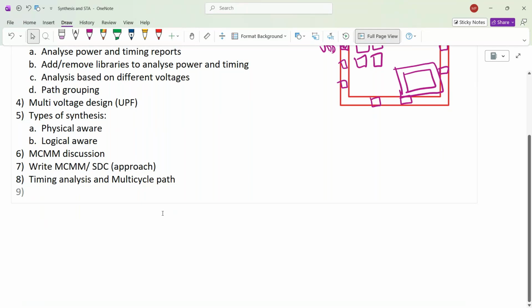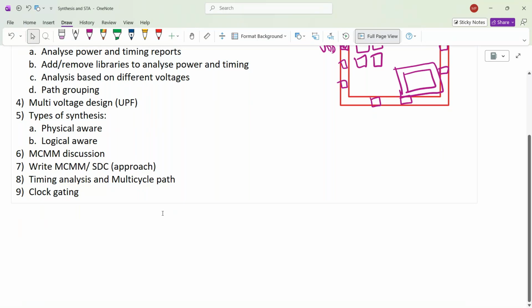After that, we are going to discuss how to handle clock gating. When a design has clock gating, it is not easy for the timing analysis, because the design becomes prone to timing violations.